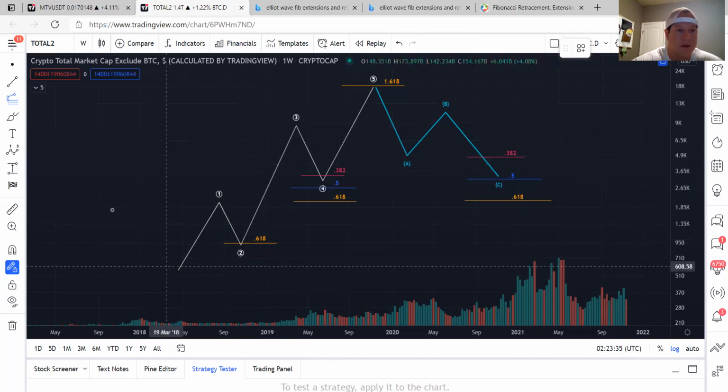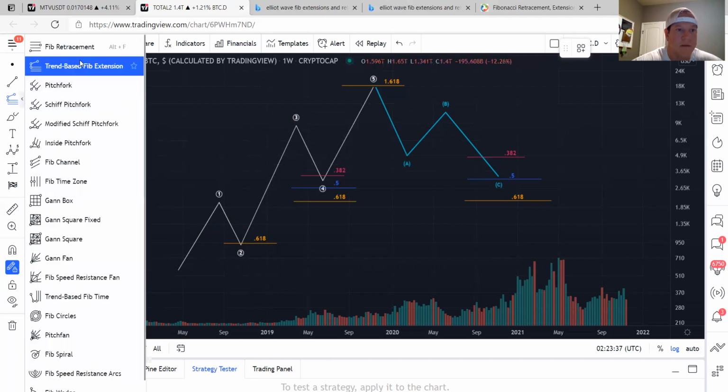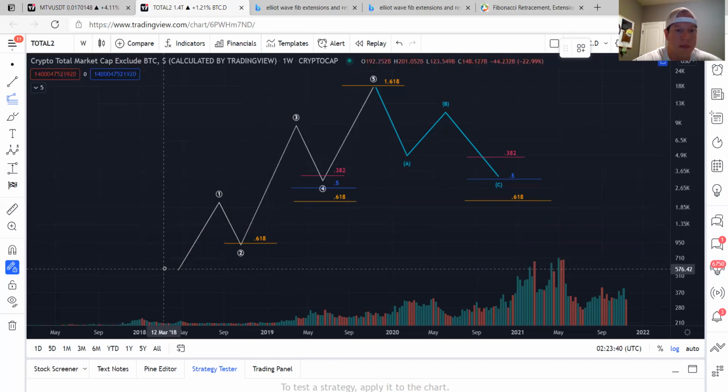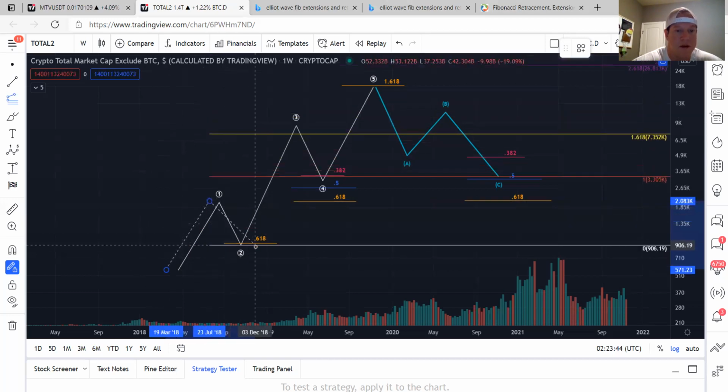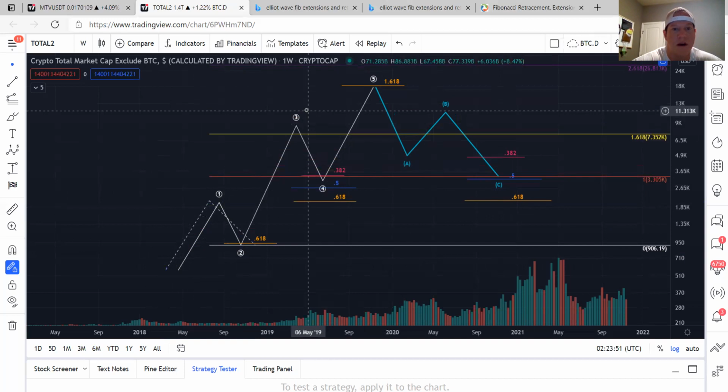What you can do is take your trend-based fib extension tool, go from the bottom of 1 to the top of 1, down to the bottom of 2. And you typically want to see a wave 3 hit the 1618 level. That's where I will set my sell targets. So if I bought down here, I will try to sell the 3 up here somewhere.